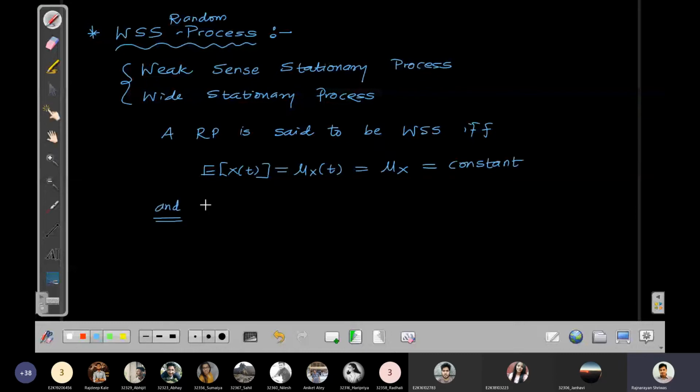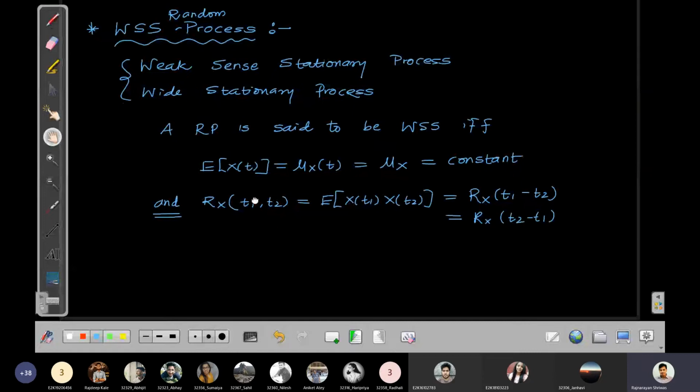And this autocorrelation, that is R_X(t1, t2), or you can say this is expectation of product of these two times, X(t1) and X(t2), is only a function of time difference. So you will get it as a function of time difference either this way or this way. It's a time difference, right?